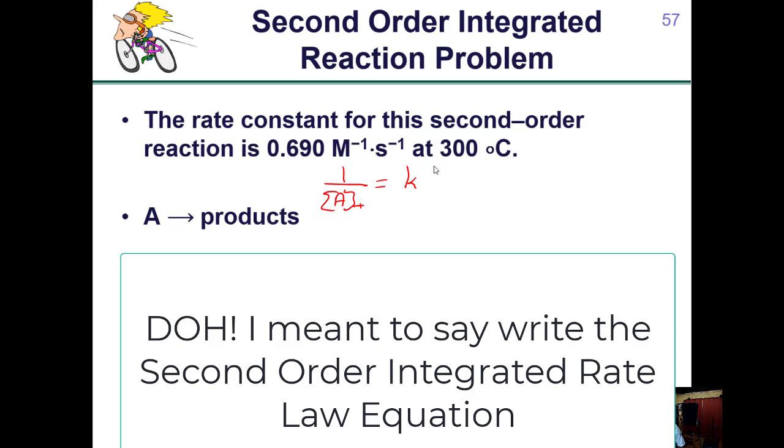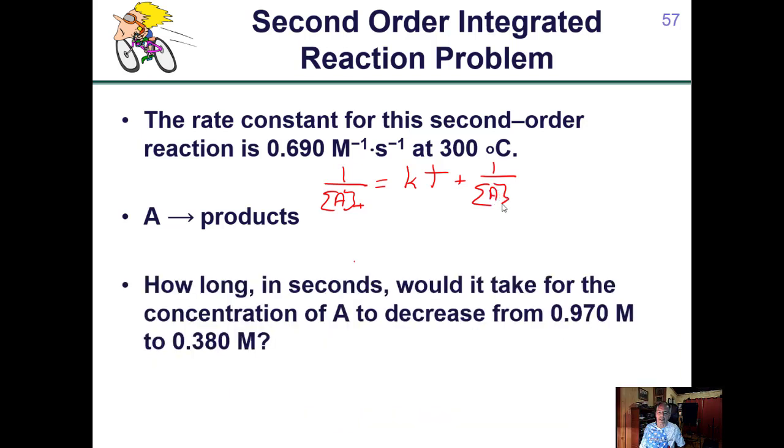So this is k times t plus 1 over your starting concentration. This is A naught, our starting concentration. This is A at time t, and we simply want to know how much time it would take if our rate constant k is equal to 0.690 per molar per second.